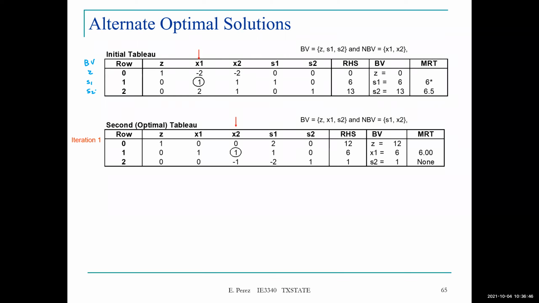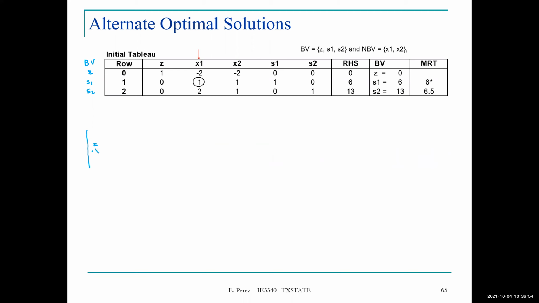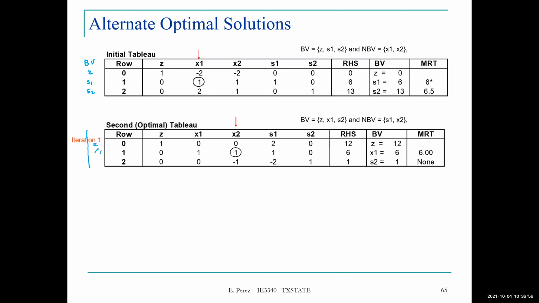So Z, X1, and S2 are in the basis. The non-basic variables are S1 and X2. If you look at row 0 for X2, it's a 0. When that happens, a non-basic with a 0 in row 0, that means that we can have alternative multiple optimal solutions.